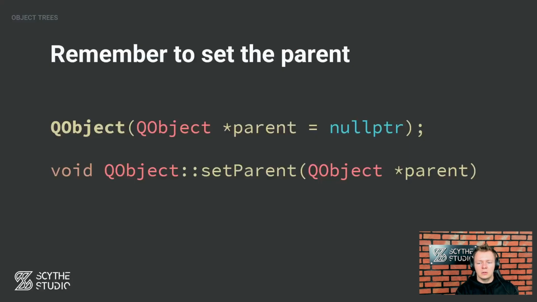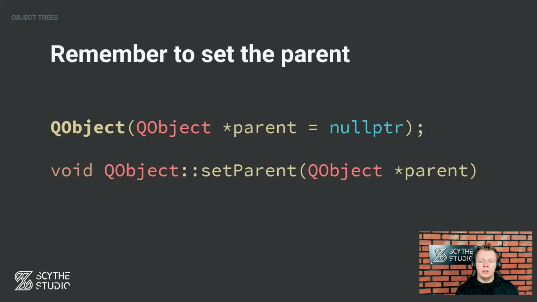The key condition for this mechanism to work is to set the parent implicitly via the QObject constructor or explicitly via the setParent method of the QObject instance. Forgetting to do so will result in our QObject instance hanging around on the heap and waiting to be manually removed.